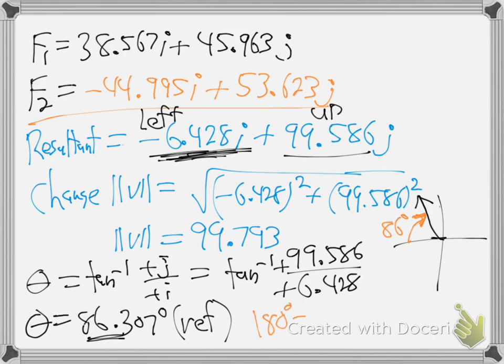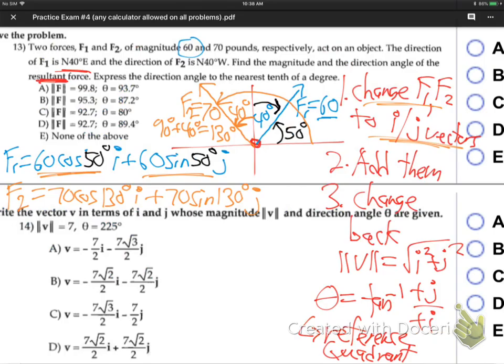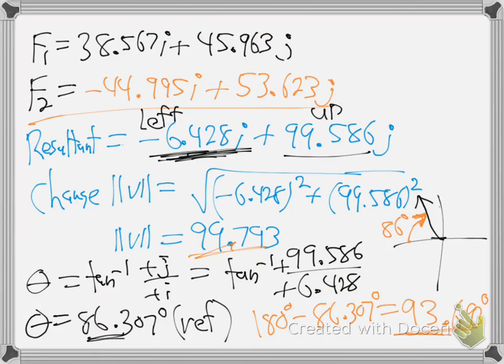Take 180 minus the 86.307, and you get 93.693 degrees. It's got to be more than 90. It's heading in a 93.693 degree direction. There's the angle, there's the magnitude. Is one of those answers there? Yes, A. It's A. All right. Whew. That's all.